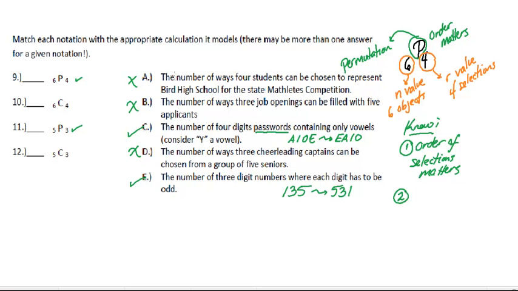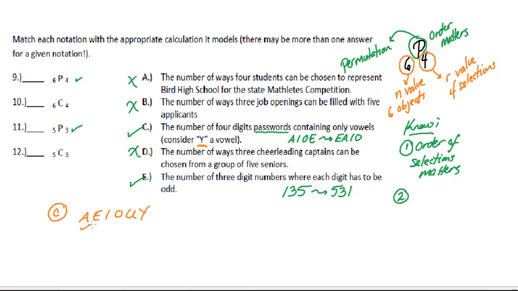Alright, so here we've got the number of 4-digit passwords, so we'll pop C over here. The number of 4-digit passwords containing only vowels. So we need to consider Y a vowel. So you make a list of the vowels: A, E, I, O, U, and Y. Alright, so it looks to me like we're going to be choosing 4 of these.